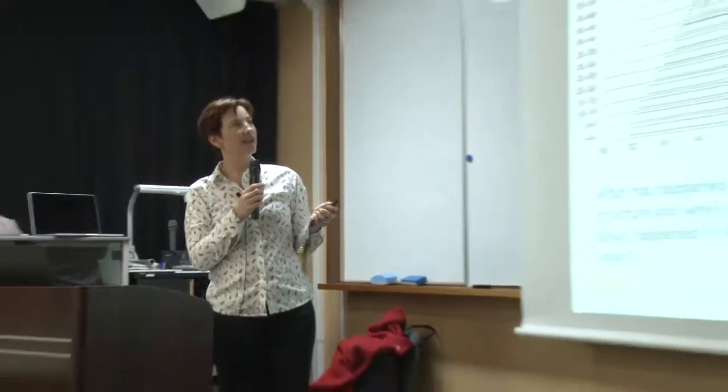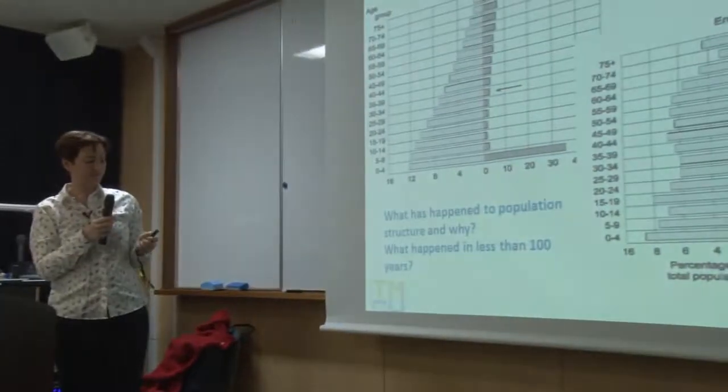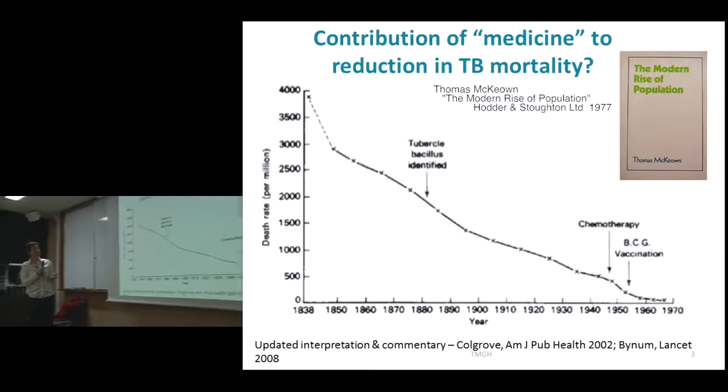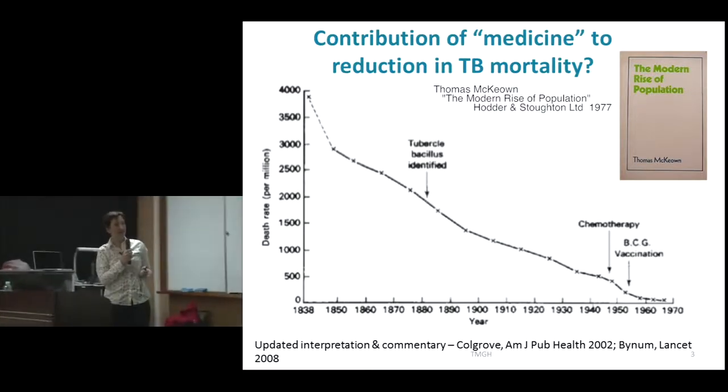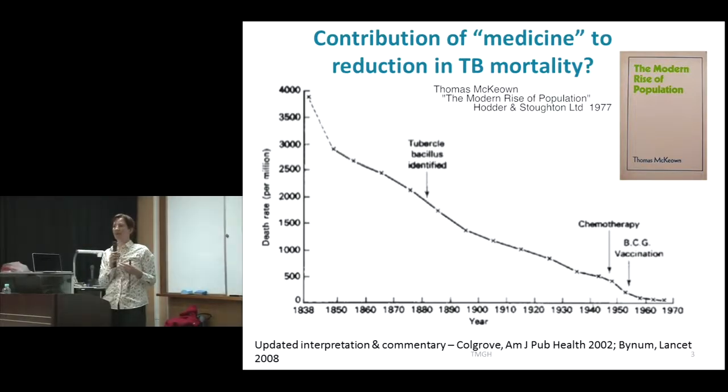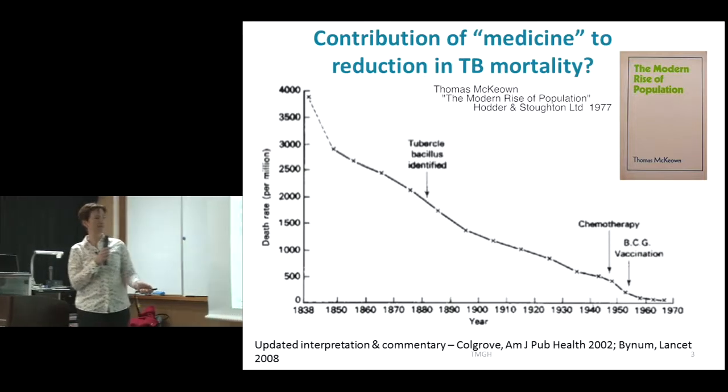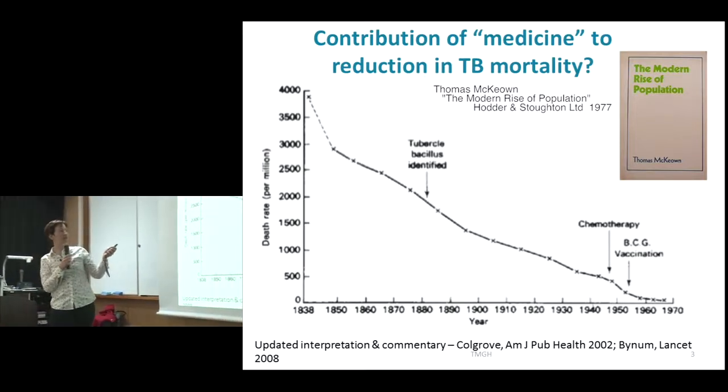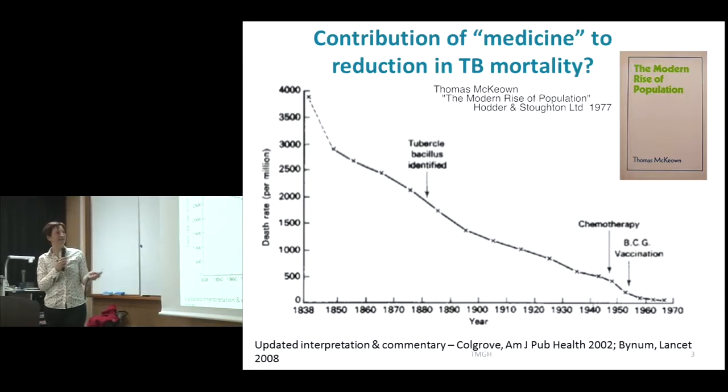Well, I think you then have to look at what was happening in medical science during this period. So here, if we just take the example of TB, this is a really good example. Here you've got time, and this is the mortality rate from TB.